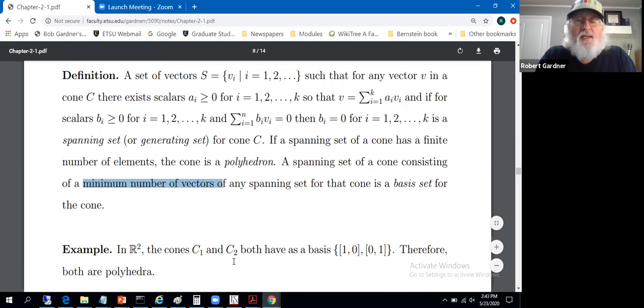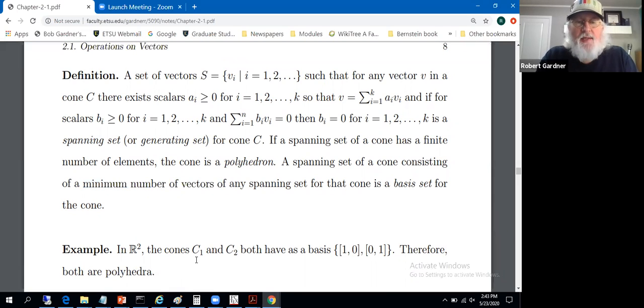Take C1 and C2, the red cones we had upstairs. C1 was the positive x-axis, the positive y-axis, and the origin. That cone wasn't a convex cone. C2 was the origin along with the open first quadrant, muddling the distinction between vectors and points.